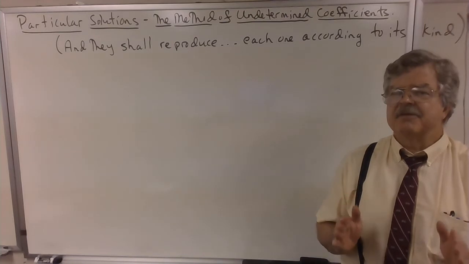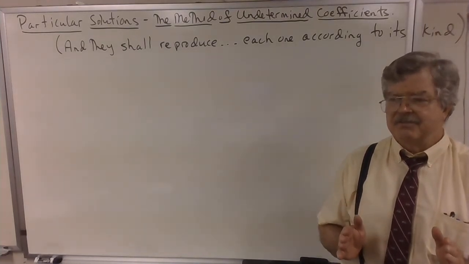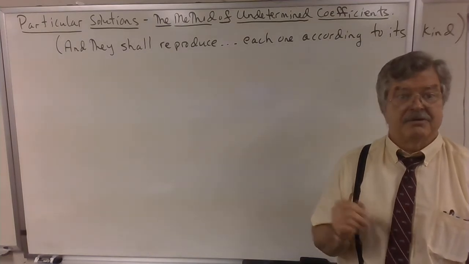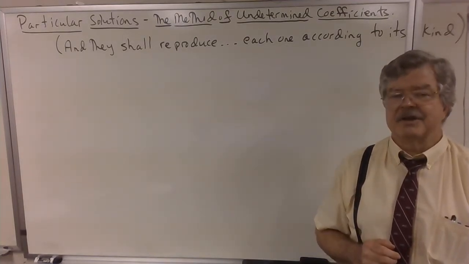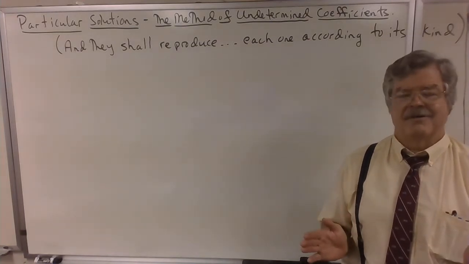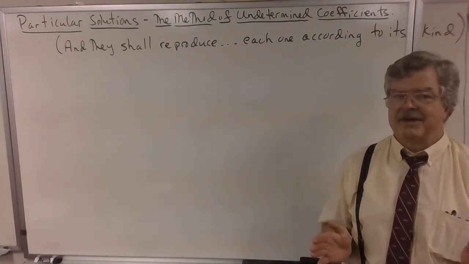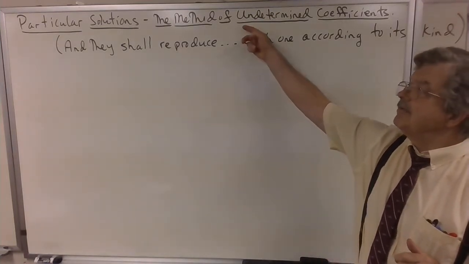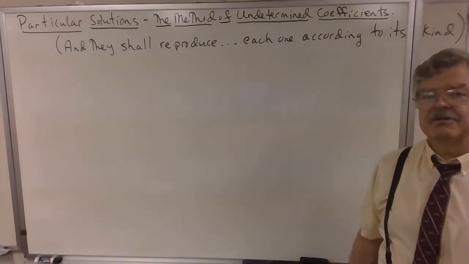And the sum of those two things will give us the general solution of the original linear differential equation with constant coefficients. We know how to find the complementary solutions. So what we're going to talk about today is how to find particular solutions.